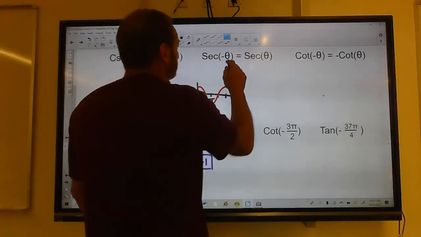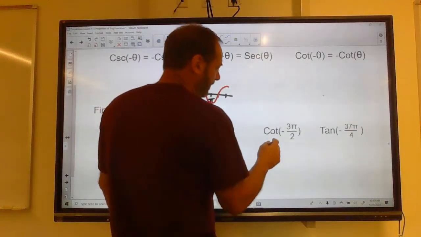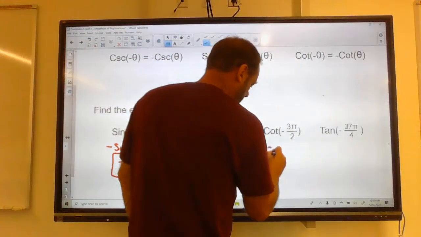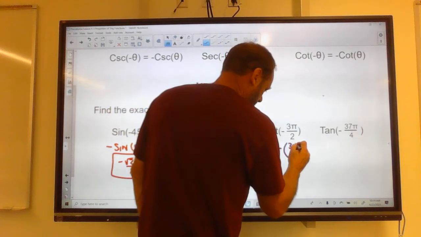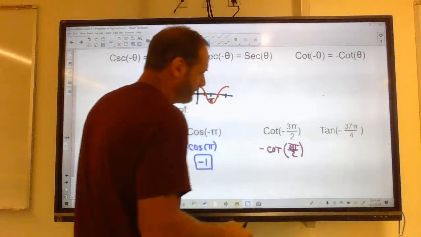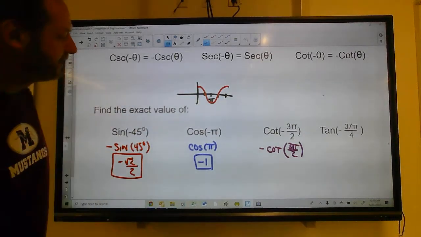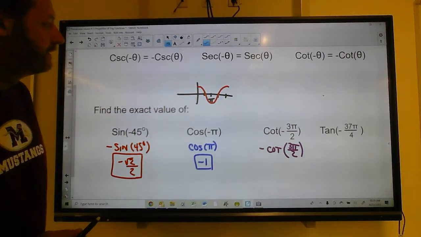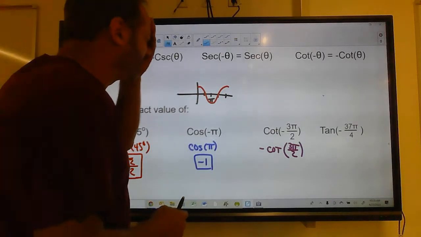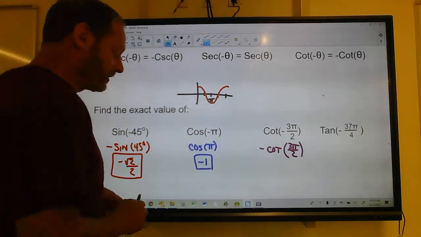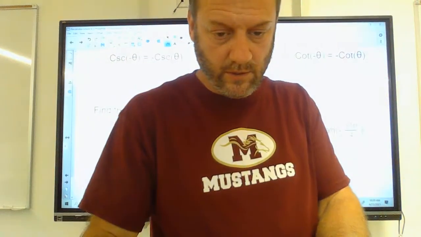Okay, cotangent of negative 3 pi over 2. So cotangent, I can pull the negative out in front. This is not one that I have memorized. So let's see, cotangent of 3 pi over 2. If I look on my trig chart, that's why you want to keep these trig charts handy.